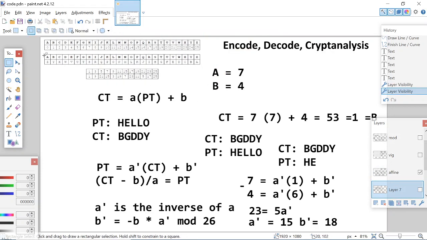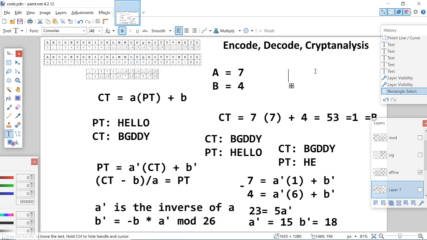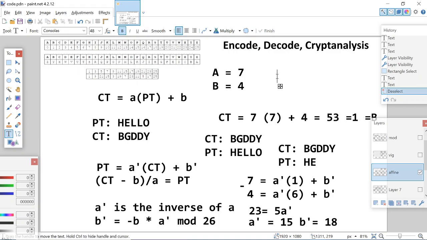This is the Atbash table. Technically, the Atbash cipher is no longer included in the test. It's not actually in the rules anymore, but the Atbash cipher is an affine where A equals 25 and B also equals 25. In that case, you will follow this pattern, where basically it's the alphabet flipped. Alright, so that's just a quick note.